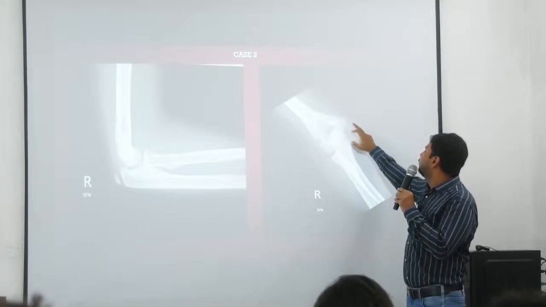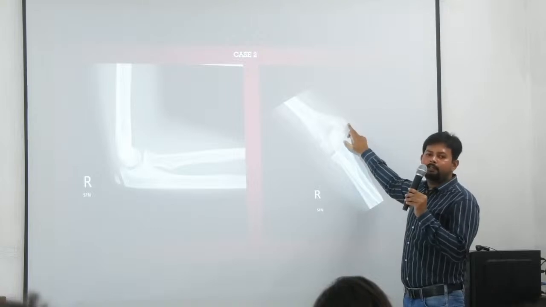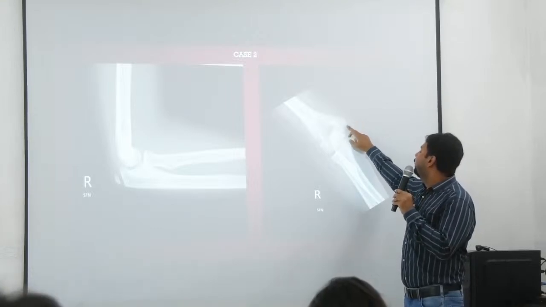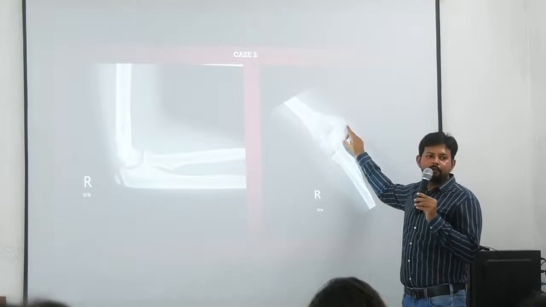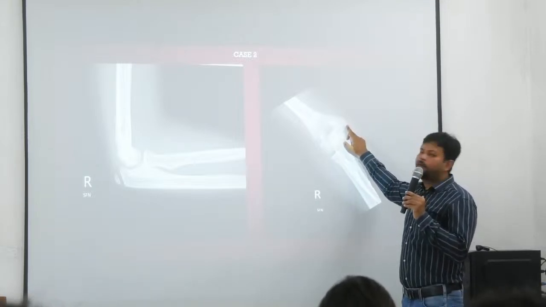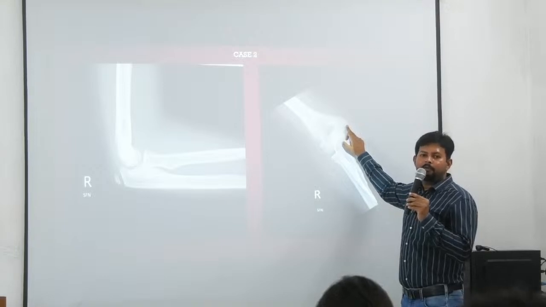Another thing is, what is this, tell me, medial epicondyle has appeared but not fused, so 14, so above 10, below 14.